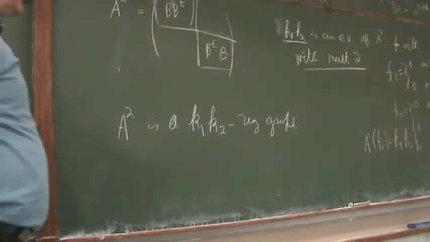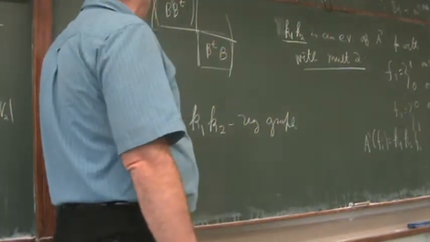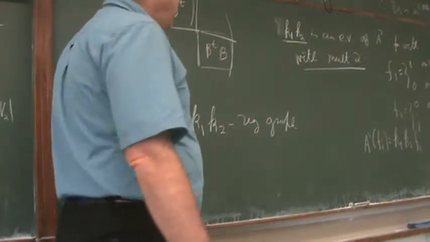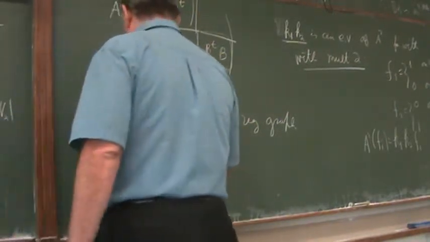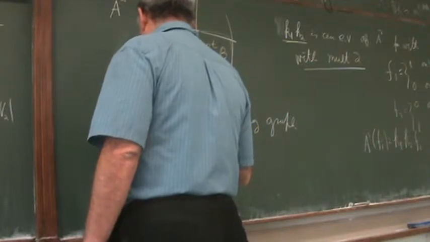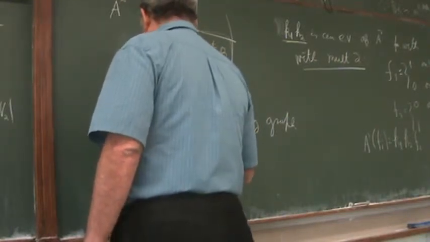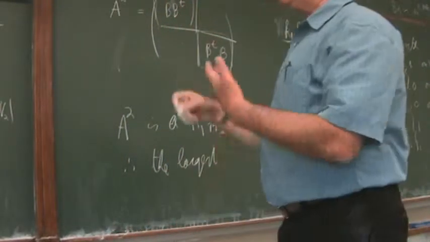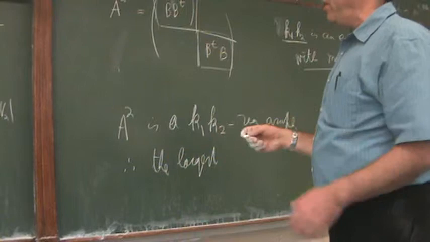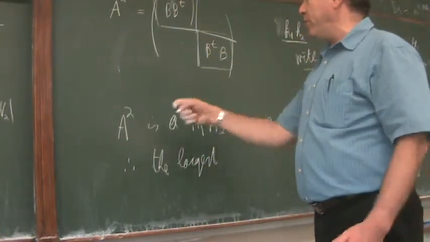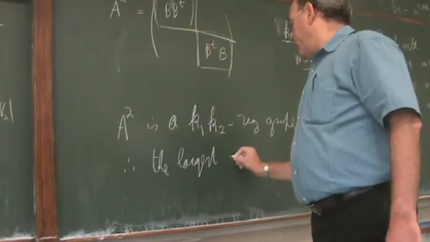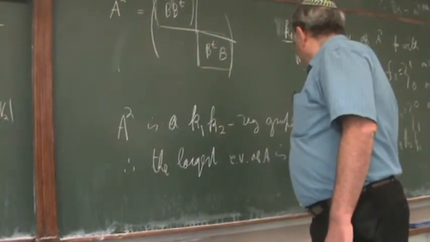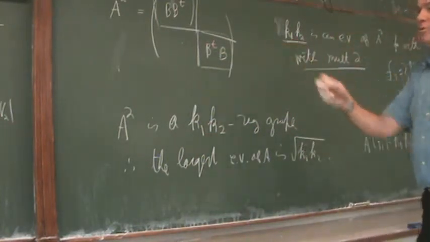The largest eigenvalue is k1k2, and all the eigenvalues are between minus k1k2 and k1k2. Now we are talking all the time about symmetric matrices, so we can diagonalize them, and if I know the eigenvalues of A squared, then I know the eigenvalues of A. The largest eigenvalue of A is the square root of k1k2. Okay, that's what we promised before.